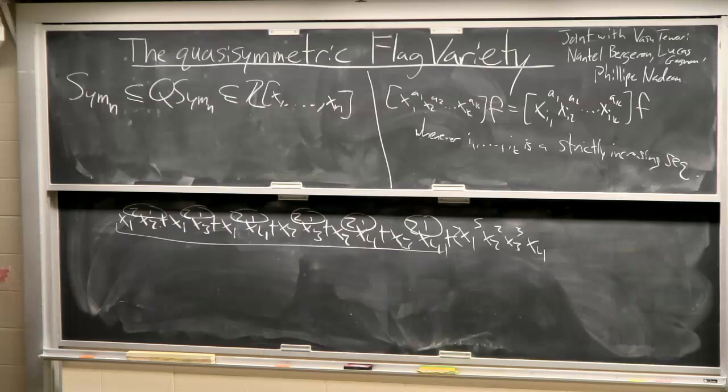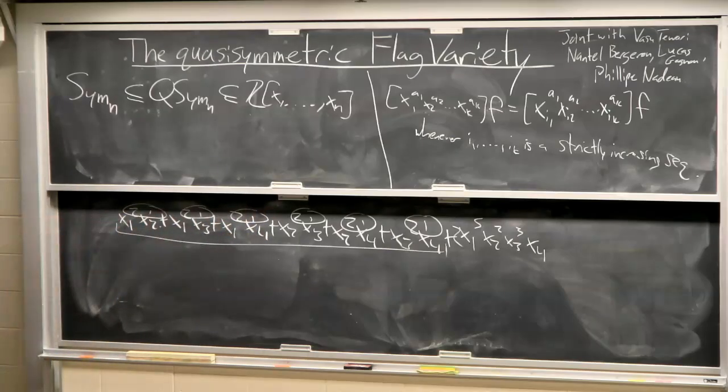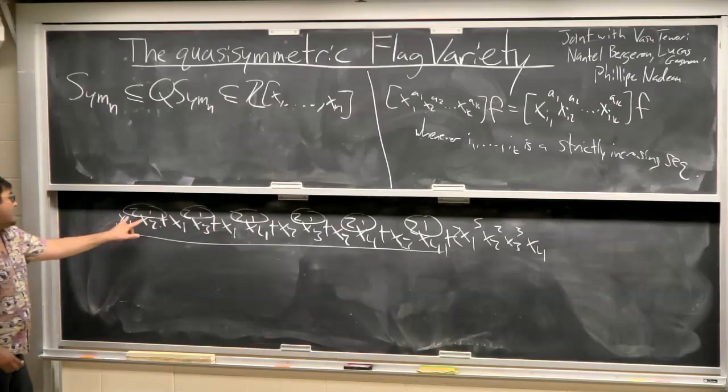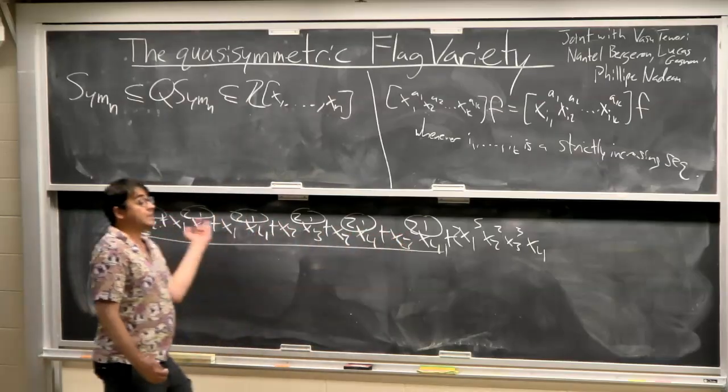So quasi-symmetric things naturally break up symmetric polynomials, because the monomial quasi-symmetrics naturally break up the monomial symmetrics. If I had added on the similar thing where 2 and 1 were switched in all of these terms, we get the monomial symmetric.